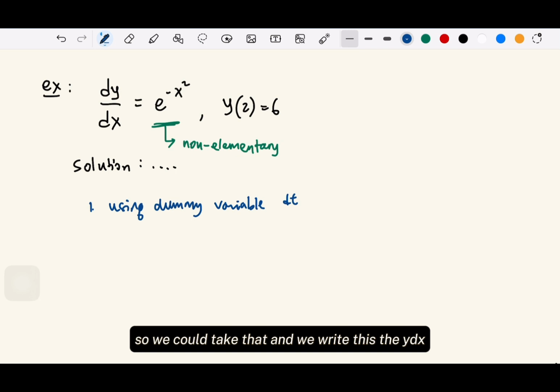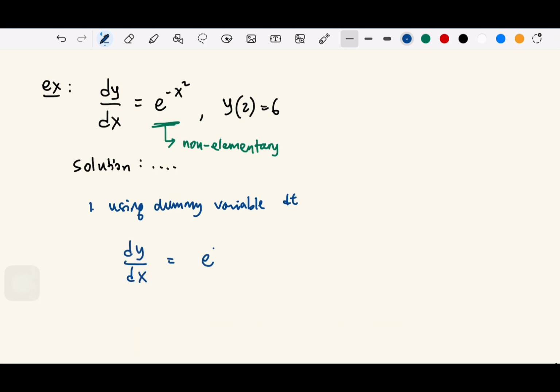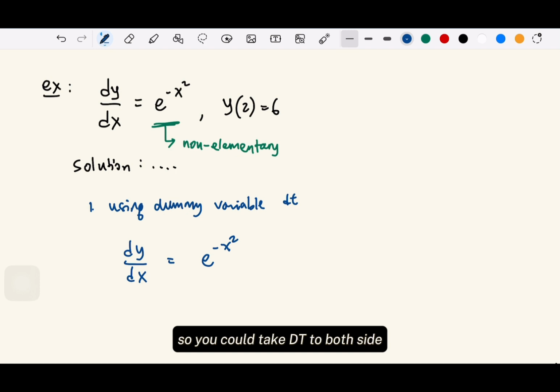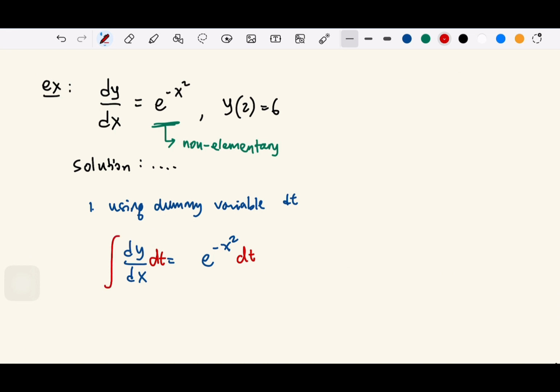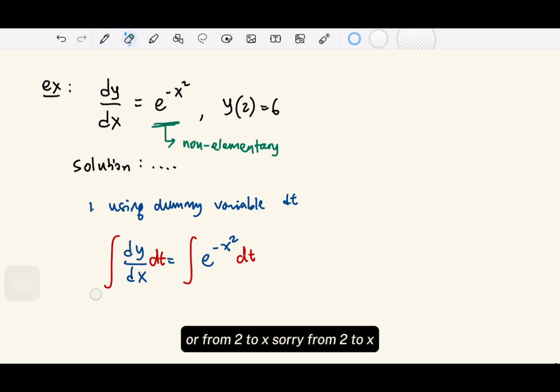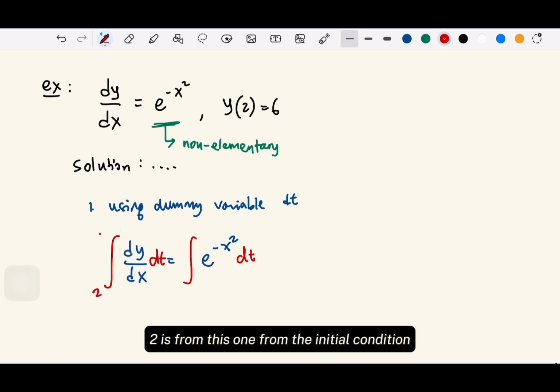So we could take that, let me write this dy dx. We could take dt on both sides and then integrate with respect to t from 2 to x. 2 is from the initial condition.